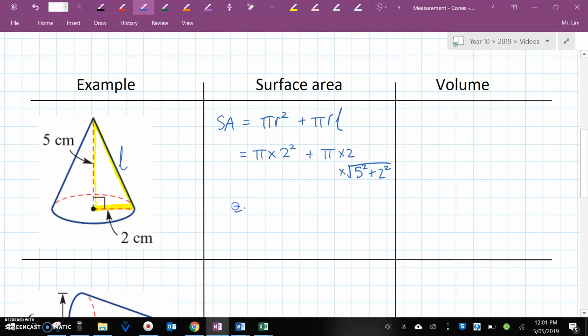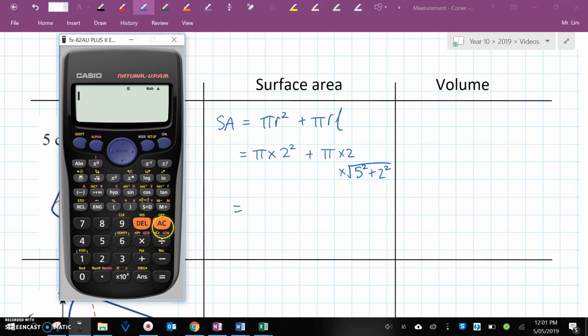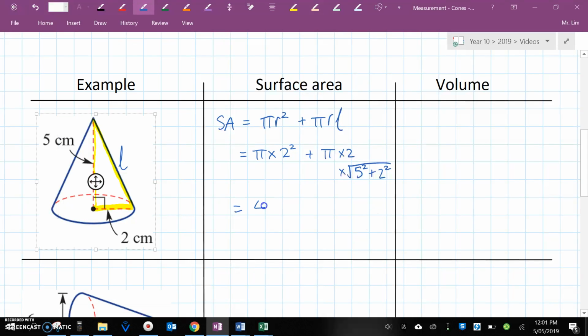So I'm going to put that into my calculator and see what the answer is. Pi times 2 squared plus pi times 2 times the square root of 5 squared plus 2 squared is 46.40 centimeters squared.